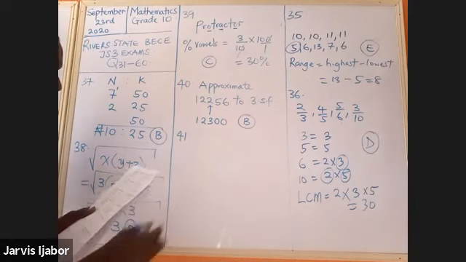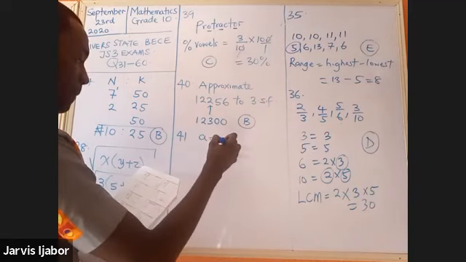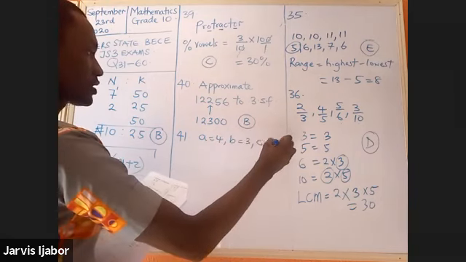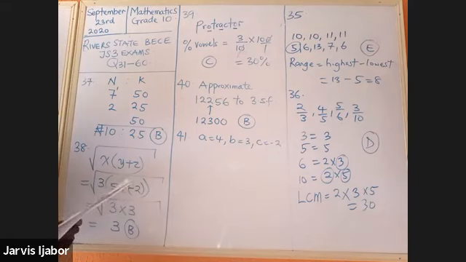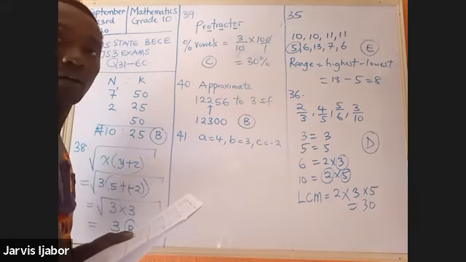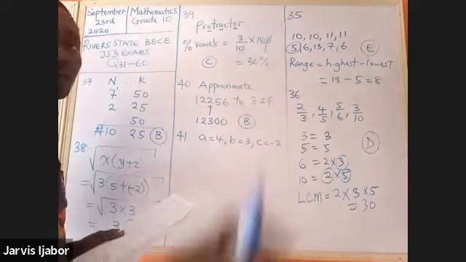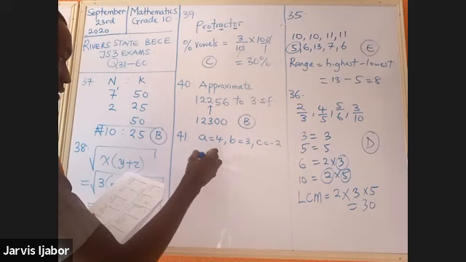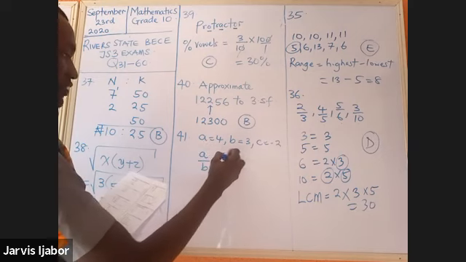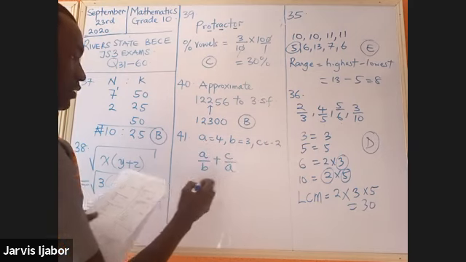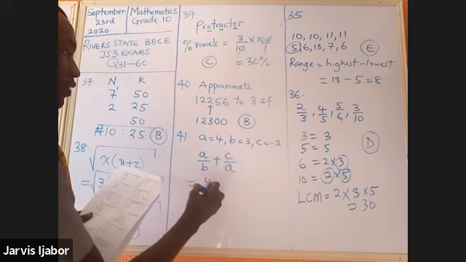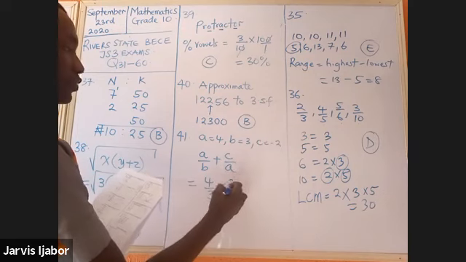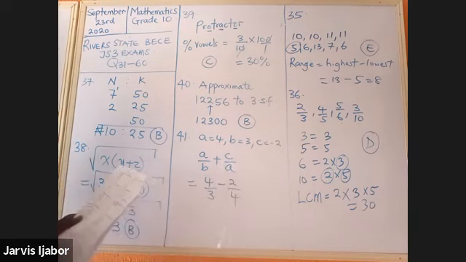In question 41, we are told that A is equal to 4, B is equal to 3, and C is equal to -2. We are told to simplify A over B plus C over A. This will give you 4 over 3 minus, because of this minus sign, 2 over 4.